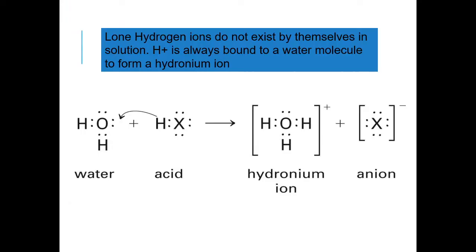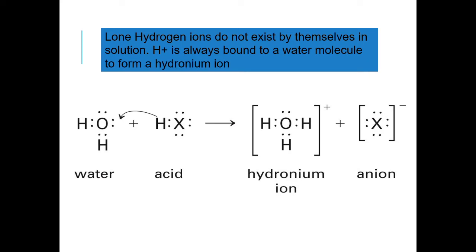All right, so what is the hydronium ion? Where does it come from? Well, this is a generic expression that shows you what the hydronium ion is. Lone H plus ions don't exist in water solutions by themselves. If a compound releases a hydrogen when dissolved in water, that hydrogen isn't just floating around by itself.